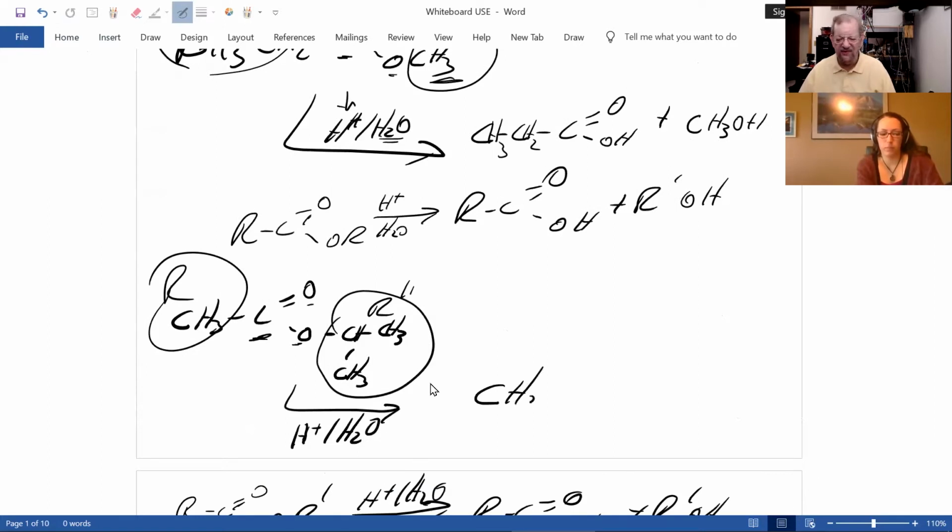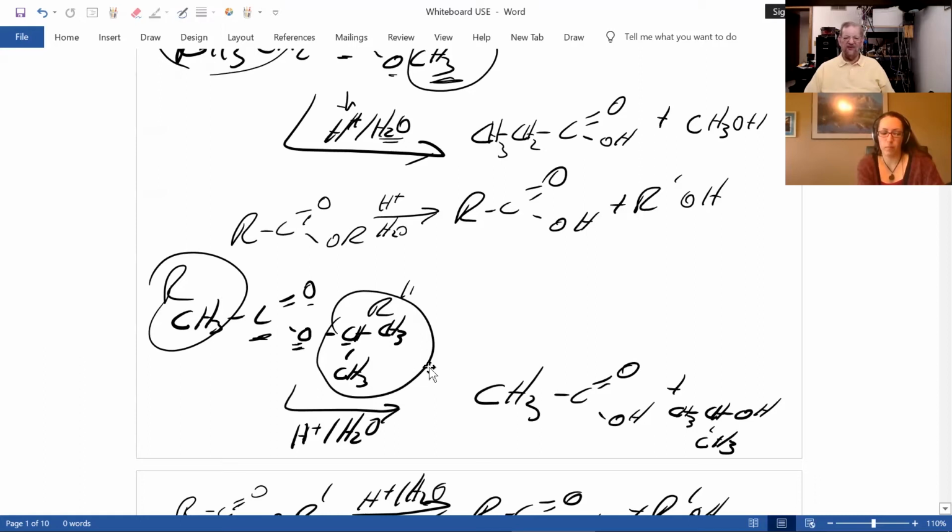The carboxylic acid would be acetic acid. And my alcohol, the R group, the carbon with the oxygen here, is the carbon with the hydroxyl group here, this middle carbon of 3, and you get isopropyl alcohol. And that's how you do it.